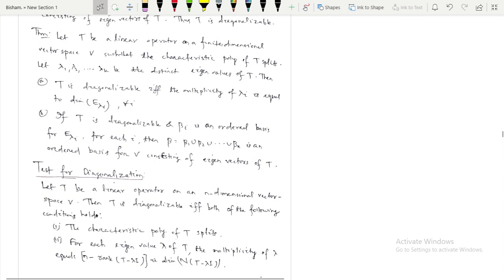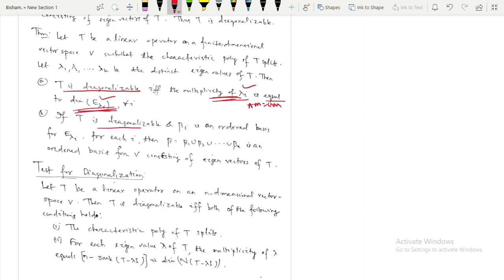It is written here: T is diagonalizable if the multiplicity of lambda i is equal to the dimension of E lambda i. Multiplicity of lambda i means the algebraic multiplicity, and this is equal to the dimension of E lambda i, meaning the eigenvectors associated with lambda i. So algebraic multiplicity equal to geometric multiplicity means it is diagonalizable.